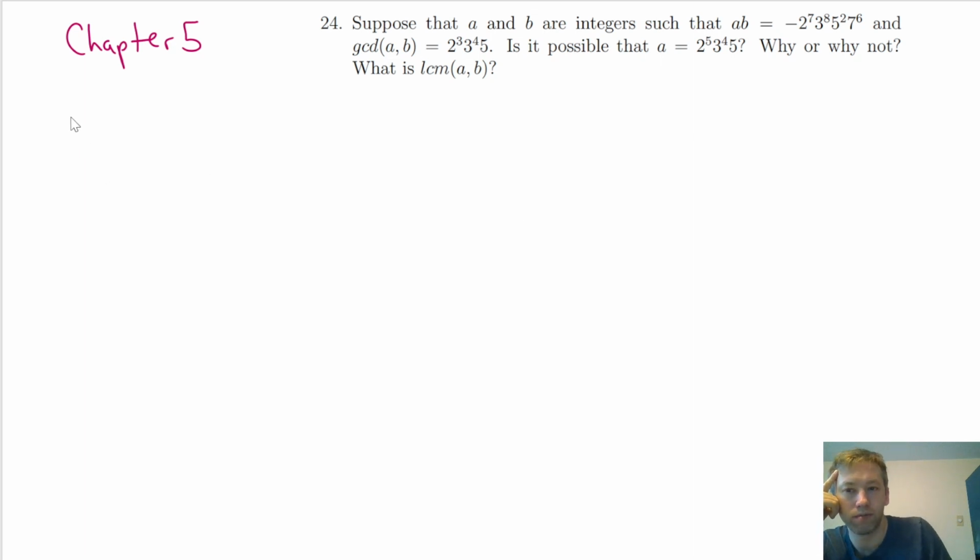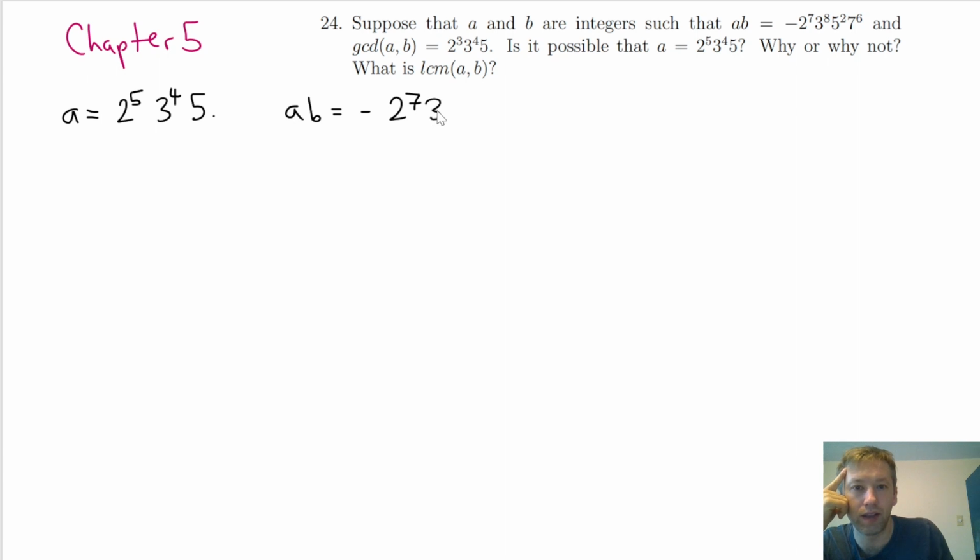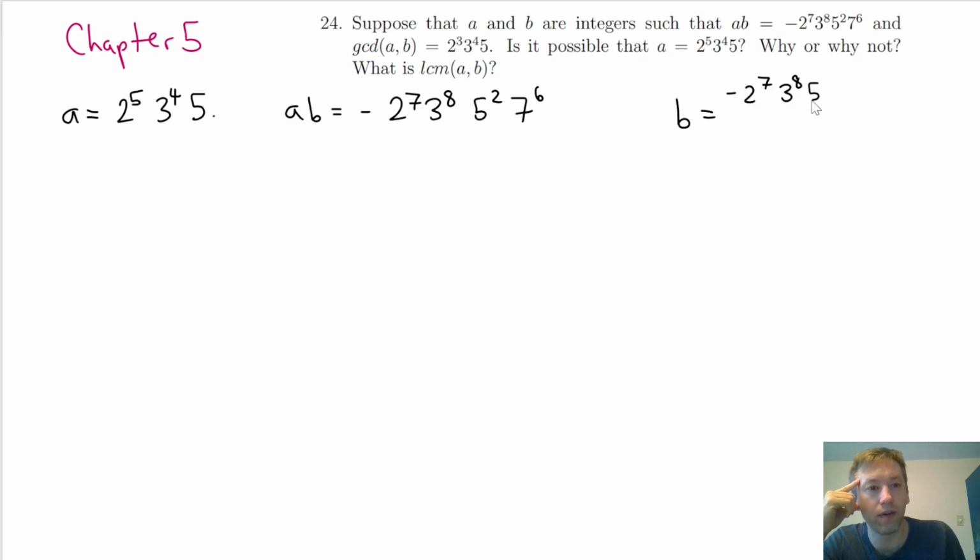So suppose a is equal to 2 to the 5, 3 to the 4 times 5, and a times b is equal to negative 2 to the 7, 3 to the 8, 5 squared, 7 to the 6. Now we can just get b, right? So b is negative 2 to the 7, 3 to the 8, 5 squared, 7 to the 6, divided by a.